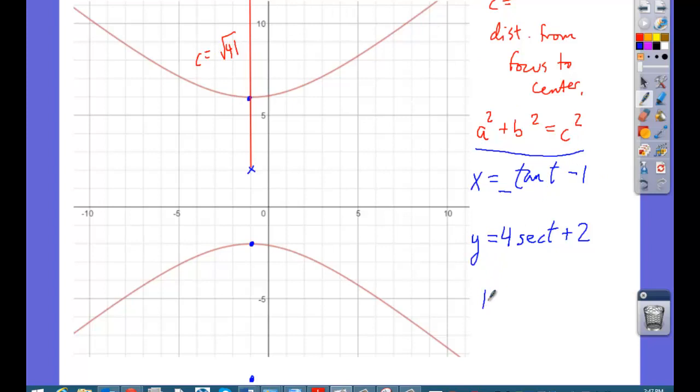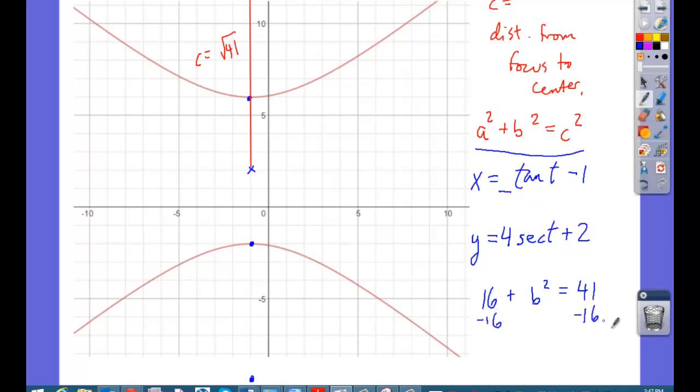So 4 squared is 16. Then we can say b squared, which we'll say is that. And some people are strict and say this is a and this is b. Well, whatever. I think it's kind of arbitrary which is a and which is b. And so c squared would be the square root of 41 squared, so that's 41. All right.